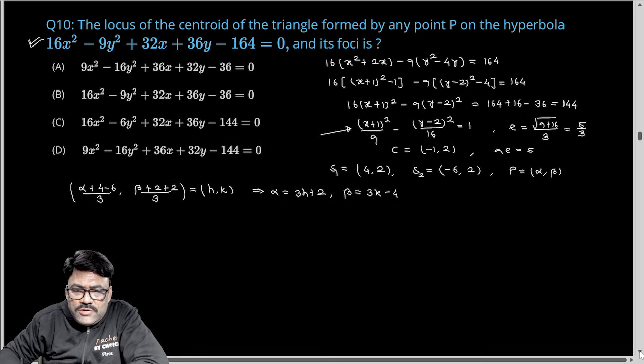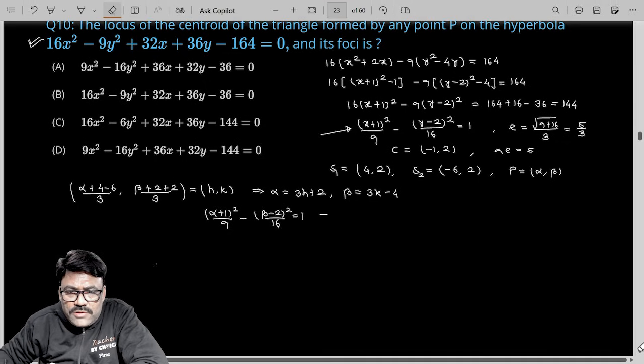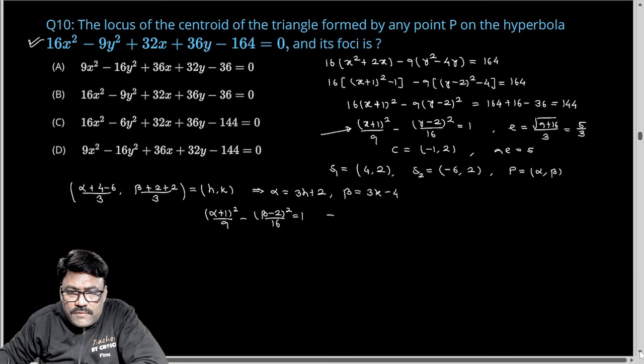So you will get what? You will get alpha plus 1 whole square by 9, beta minus 2 whole square by 16 is equal to 1. Now put the value of alpha beta here. So you will get 16 times alpha plus 1. Alpha plus 1 will be what? 3h plus 3.